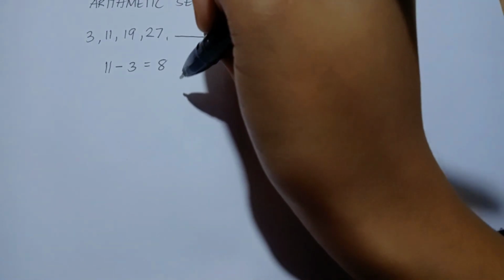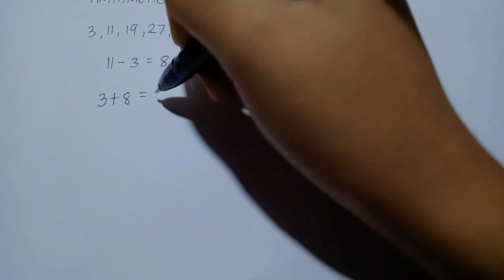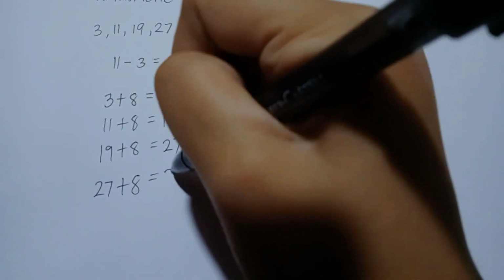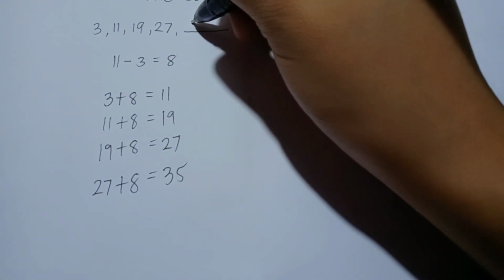To check, we will add the common difference to the terms. First, 3 plus 8 equals 11. 11 plus 8 equals 19. 19 plus 8 equals 27. And 27 plus 8 equals 35. So 35 is the next number in the series.